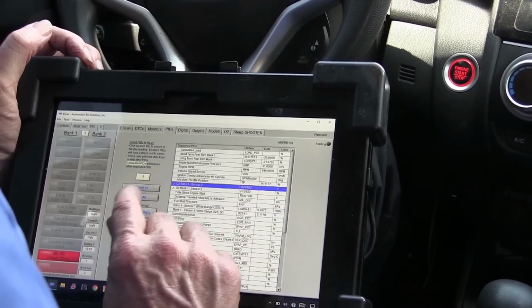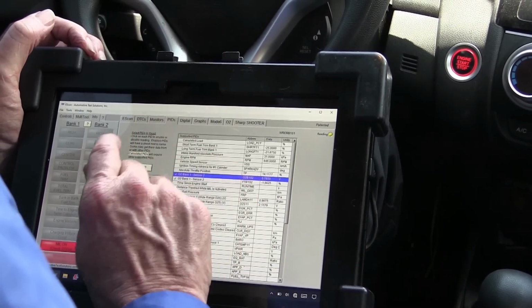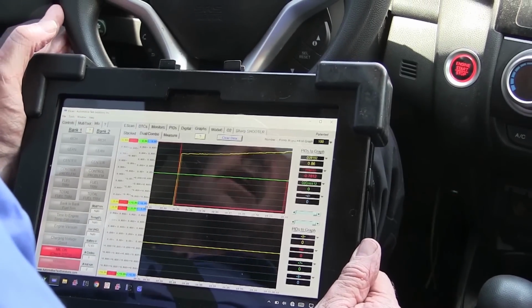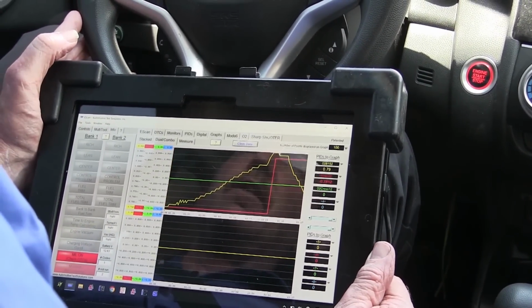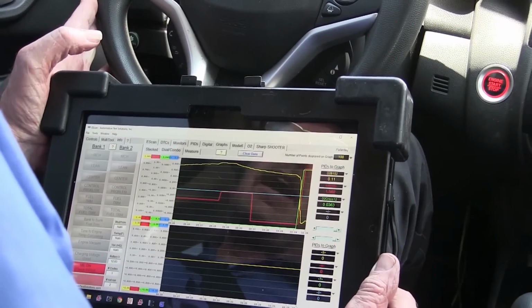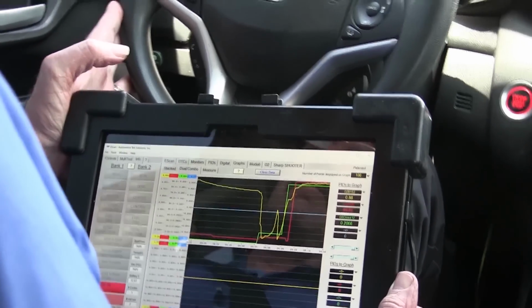I want to pick the rear O2, and I want to make positive that that rear O2 can go up and down, that it's not stuck low, because I've had one of these Hondas get stuck low and it was trimming to fix the cat, and then the main trim was taking it back away.